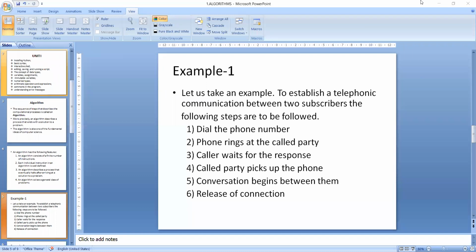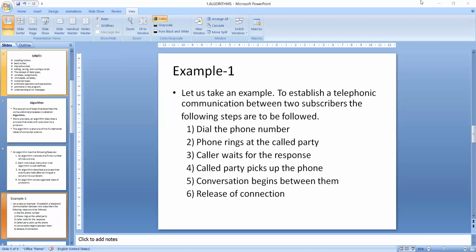So your friend picks up the phone and the conversation begins. After ending the communication, you have to release the connection. These are the steps followed in a telephonic communication between two subscribers.